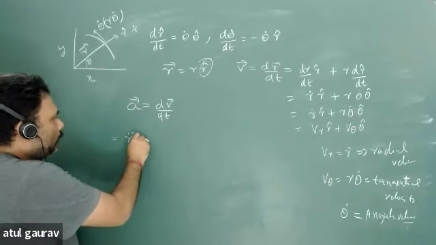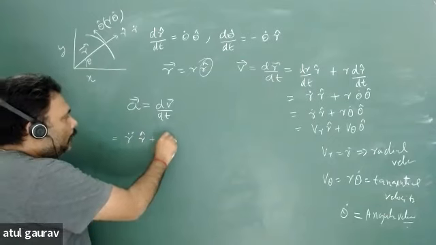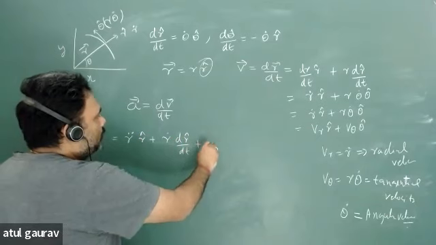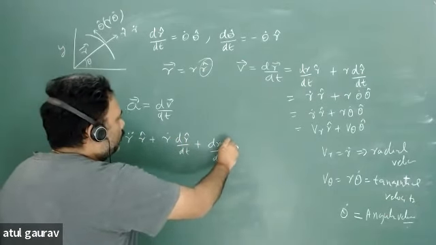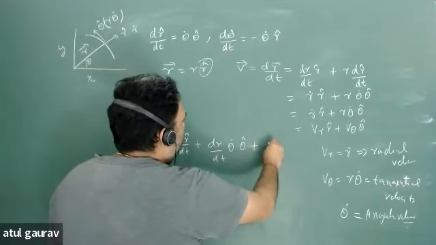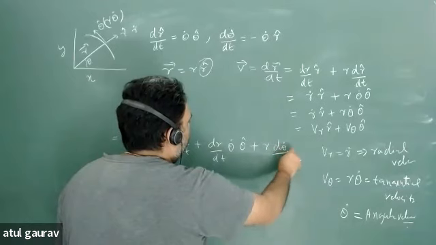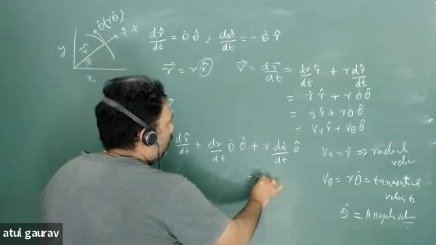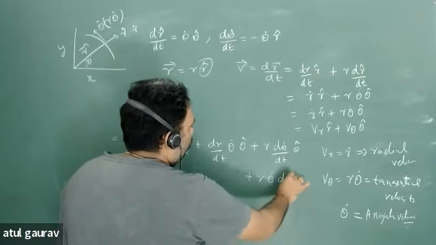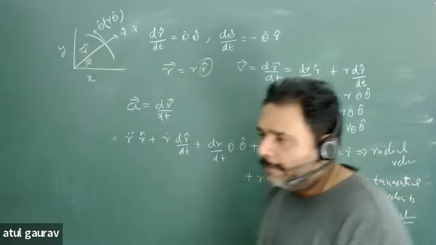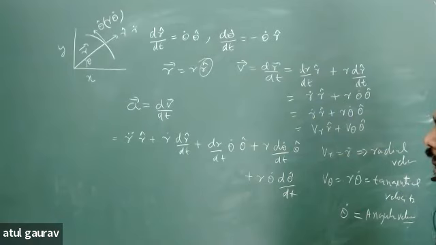R double dot r cap plus r dot dr cap upon dt, plus dr upon dt theta dot theta cap, plus r d theta dot upon dt theta cap, plus r theta dot d theta cap upon dt. Have I written it correctly? Everybody? Yes, sir. Okay.